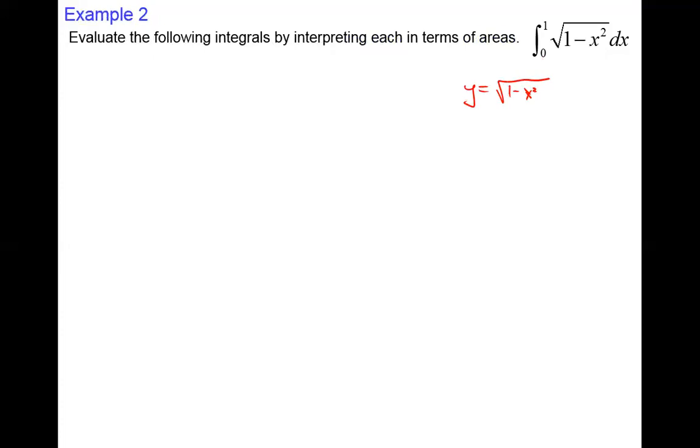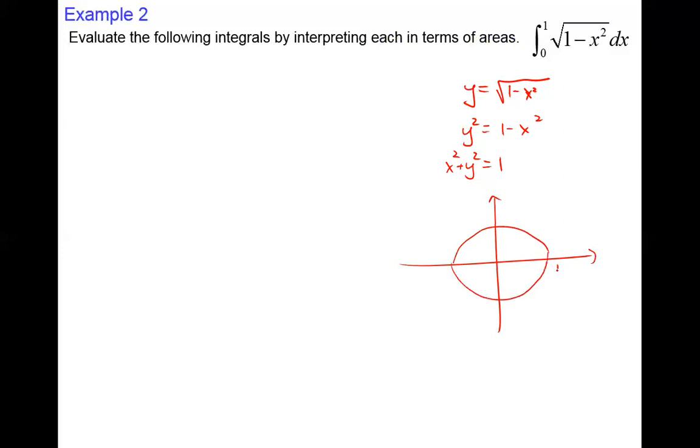Probably we can't tell right away, but let's rewrite it. Let's square both sides and add x squared to both sides. Now we can see that the equation x squared plus y squared equals 1 represents a circle with center 0, 0 and radius 1.